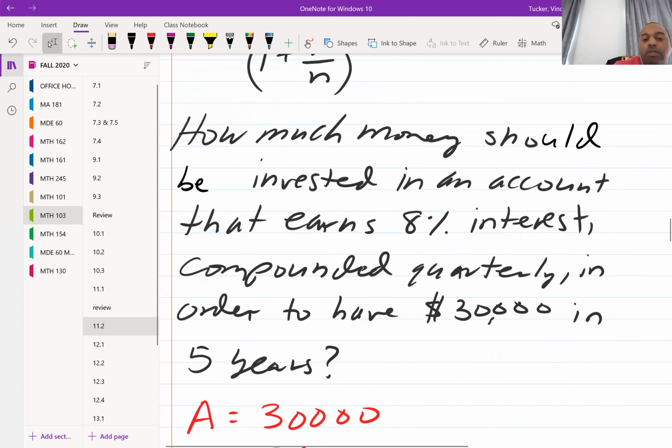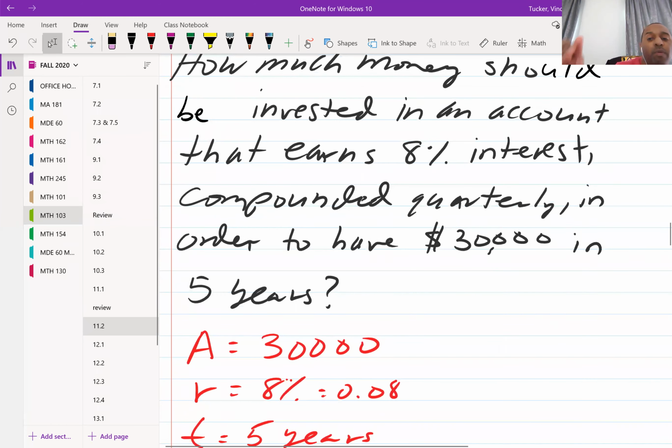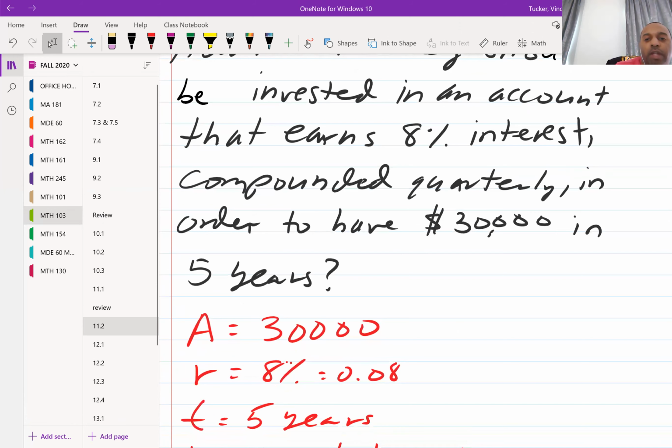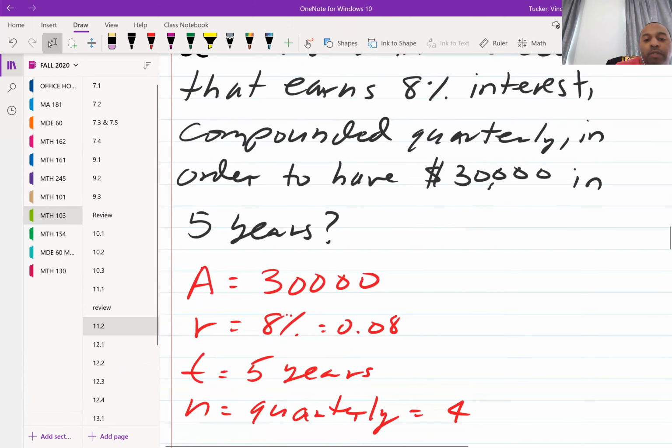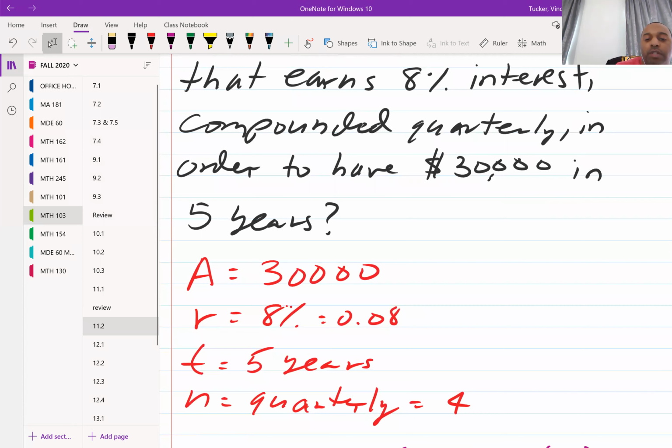All right, so write down your givens. 30,000 is what we want to have, so that's our future value. 0.08 for R, 5 years for T, compounded quarterly, so that's 4 for N.